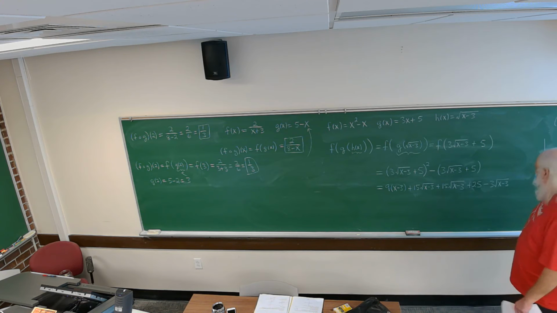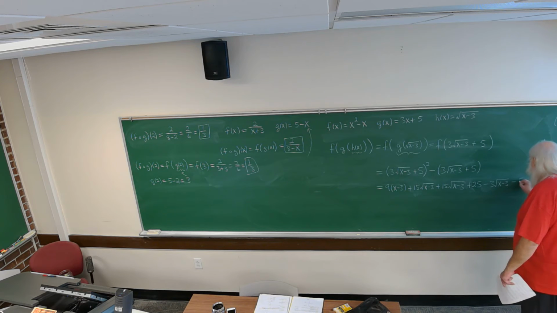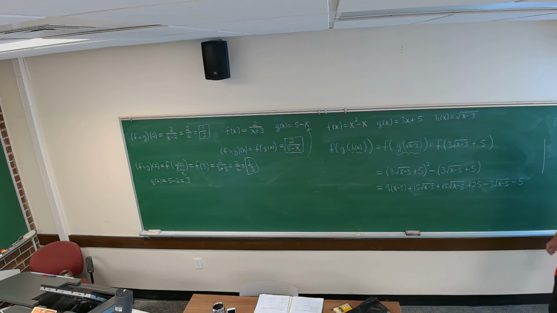Yes, sir? How did you get the 9 times x minus 3? So we multiply first terms. You have 3 times the square root of x minus 3 times 3 times the square root of x minus 3. It doesn't matter what order you do the multiplication. 3 times 3 is 9, and square root times square root is just x minus 3.